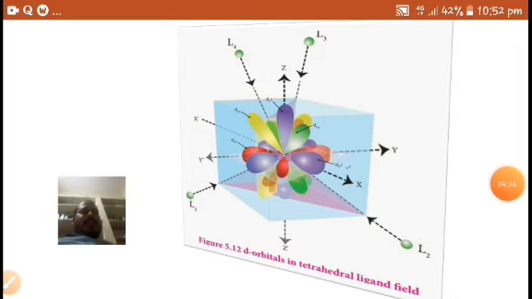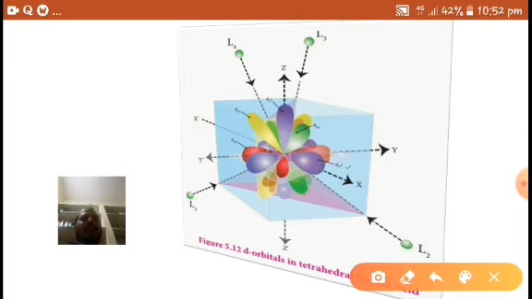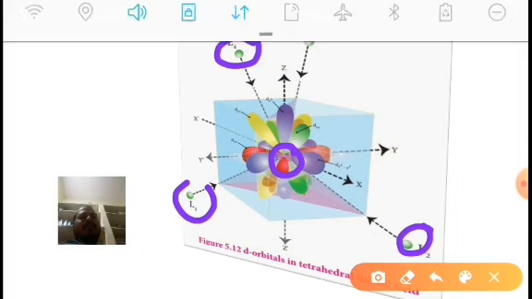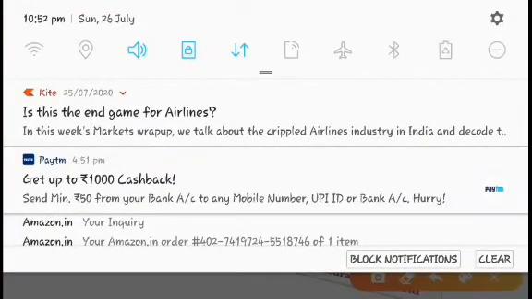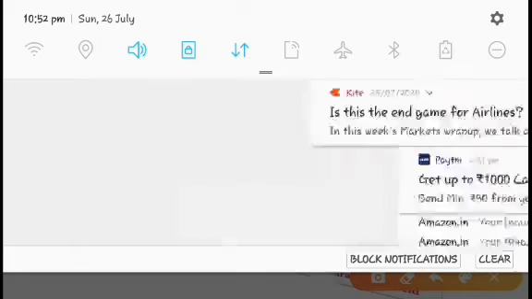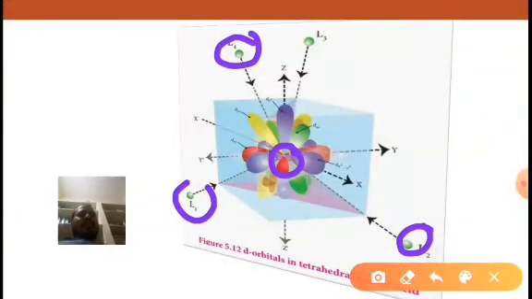In a tetrahedral complex, the central metal ion is at the center of a cube. The four ligands reside at the alternate four corners of the cube. Four corners of the cube, right?